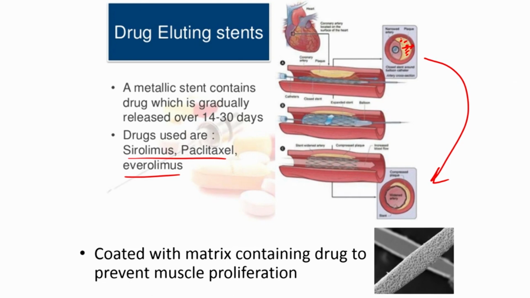These drugs will then come out over time and ensure that the cells in the surrounding region are not misbehaving, because otherwise the stent will fail and more plaque will go in this region. So, this is done to prevent muscle proliferation in the surrounding area.